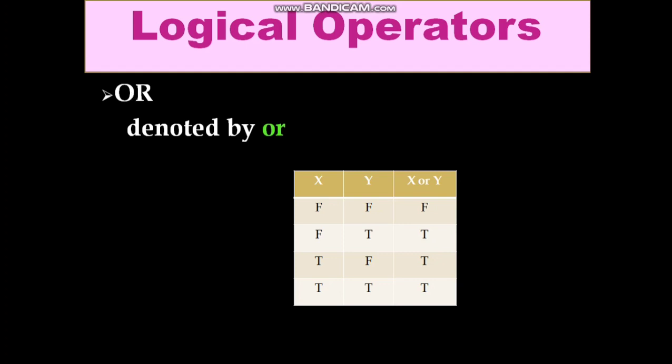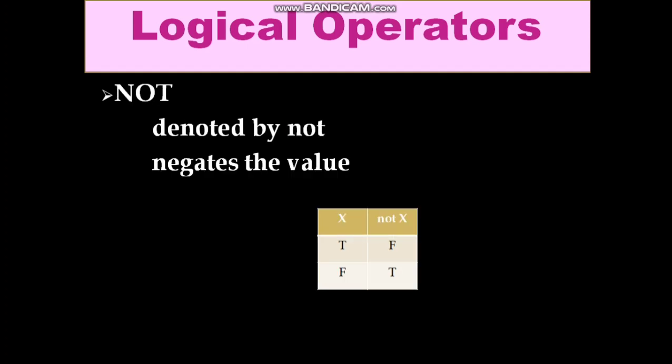Now let's go back to our PPT and learn how to use the logical NOT operator. This operator is denoted by lowercase not, and it negates the value, right? If your input is true, it is going to return the output as false. When your input is false, your output will be true, right?